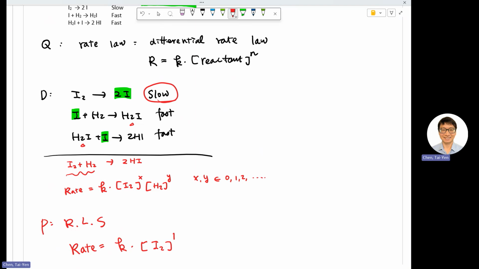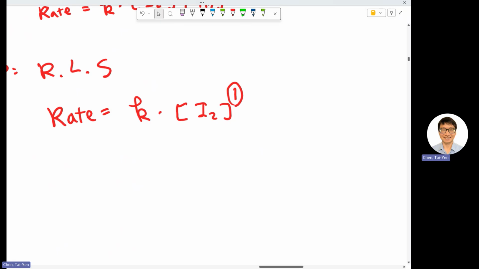Since the coefficient of I2 is 1, I put 1 here. Once I do this, I look at my rate law: rate constant k times I2 to the first power. Then you check: is I2 my reactant? The answer is yes, it is your reactant. Then you're done.